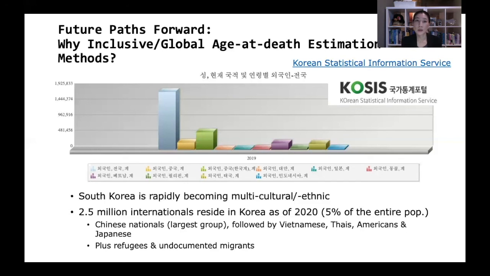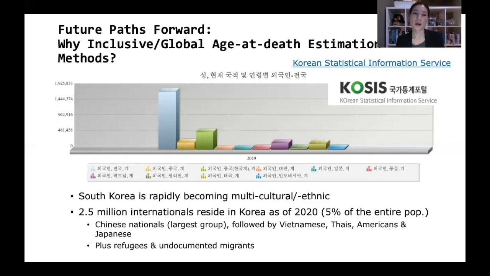So I don't know, maybe down the road, that concept that South Koreans really like, of having a pure-blooded South Korean, might not hold much place in terms of method development and Korean-specific standards.